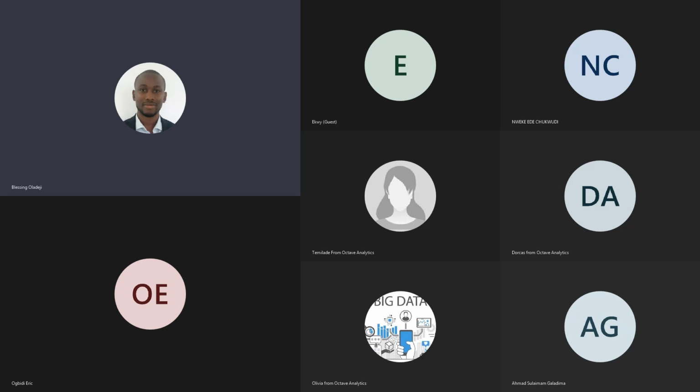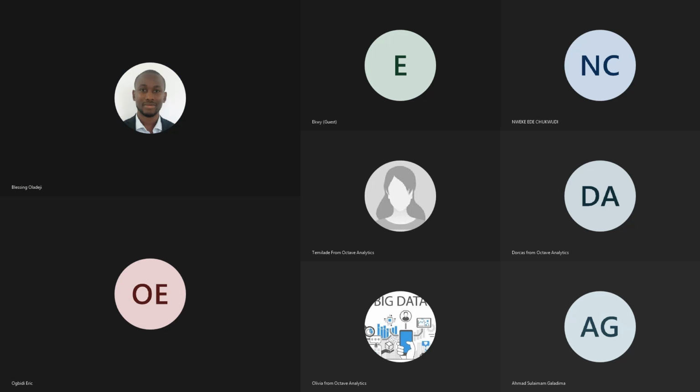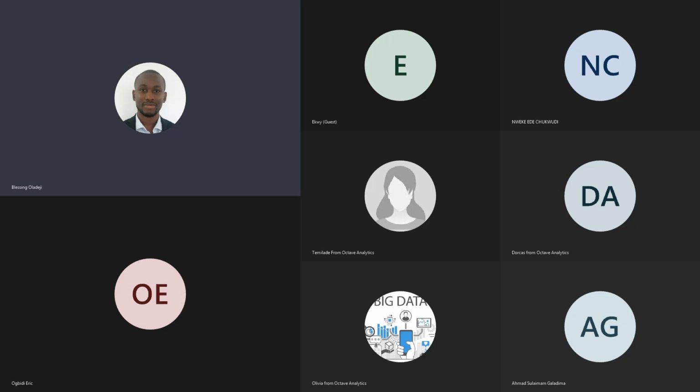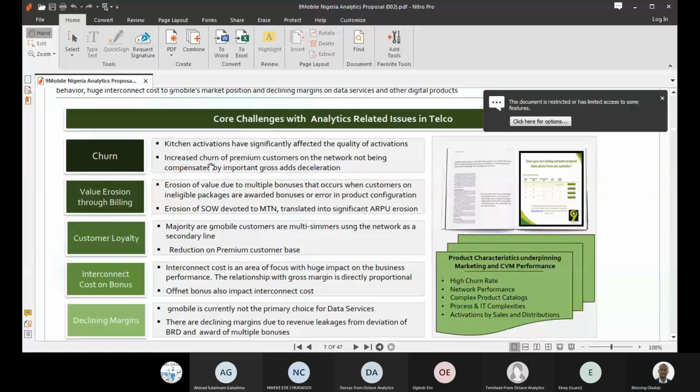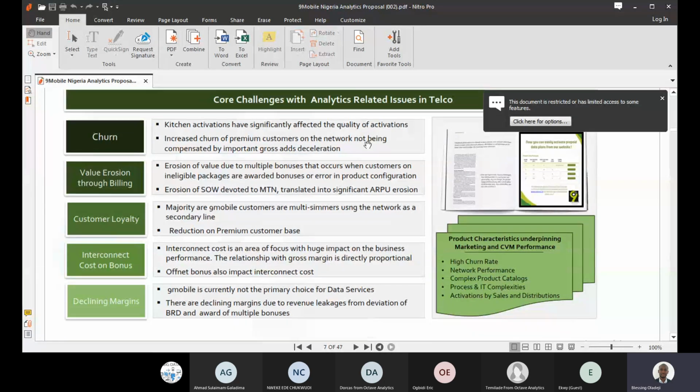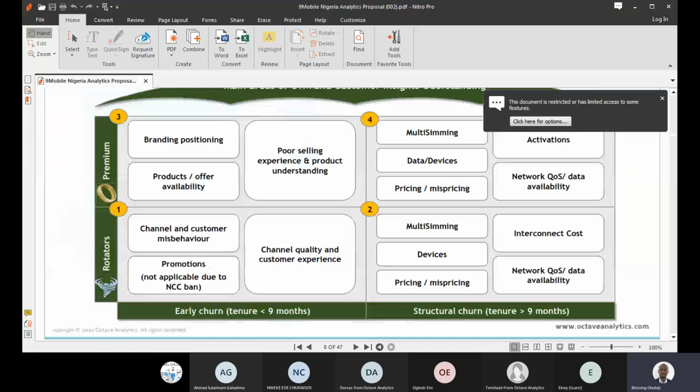Okay, I'm sure you can see my screen. This is not what I'm looking for. Yes, this is what I'm looking for. Can you see my screen? Please indicate if you can. I can see your screen. Okay, great.